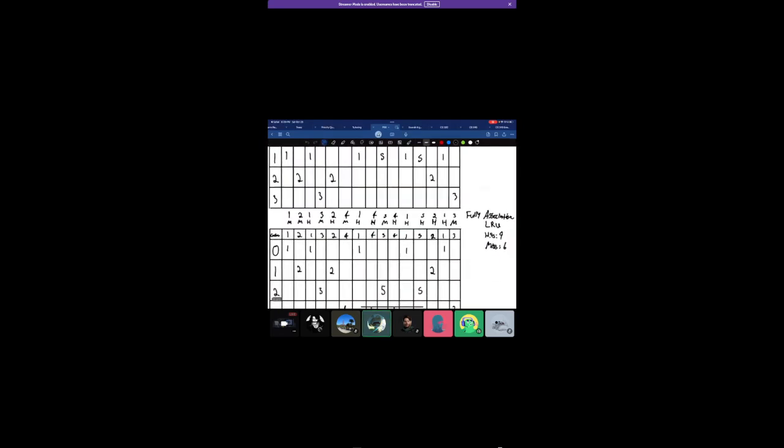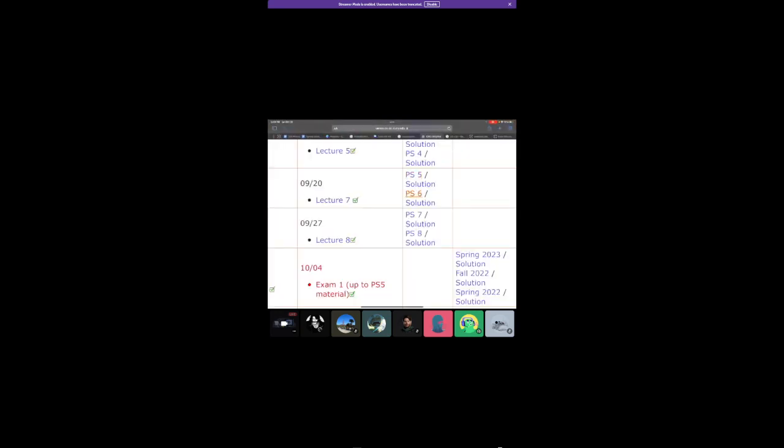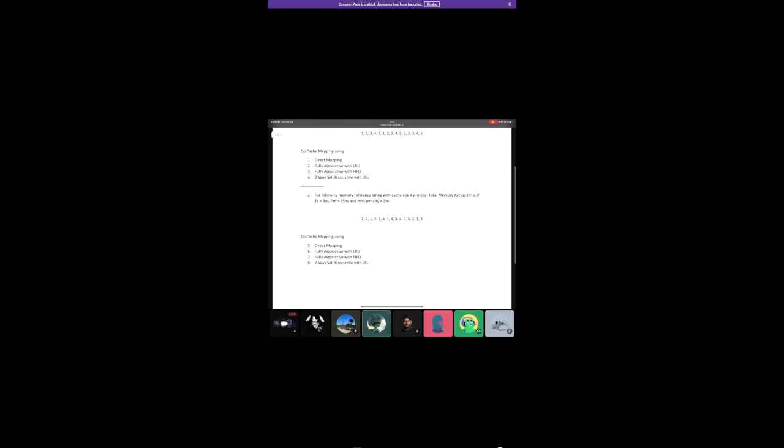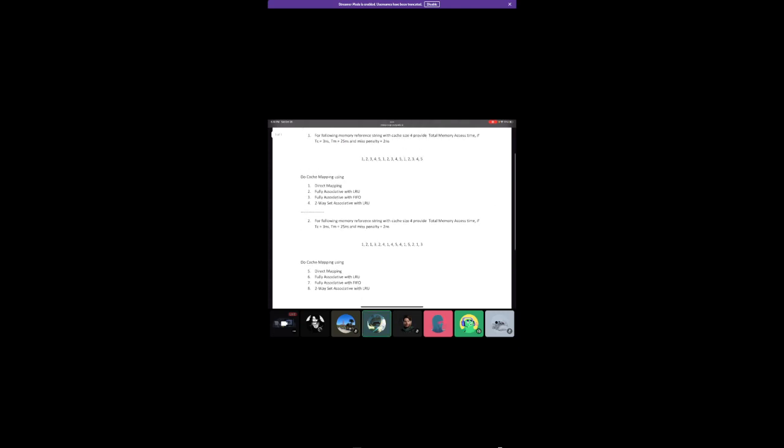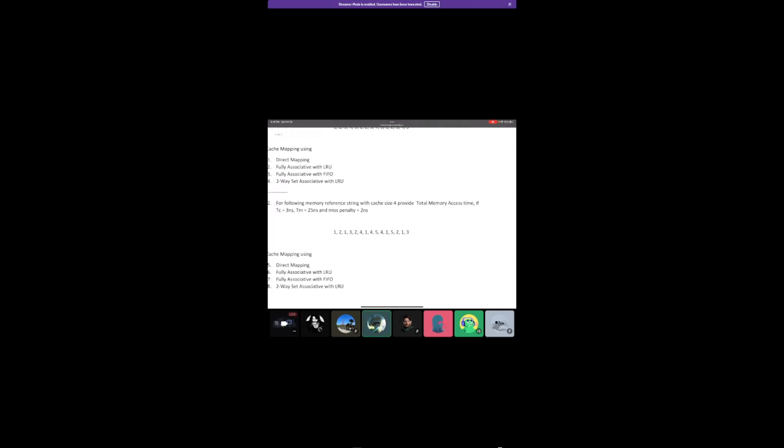This one was fully associative. It was mainly just calculating total memory access time using different memory strings, just so you can understand the difference between them.